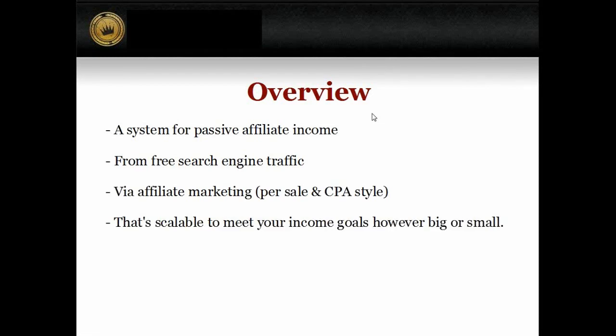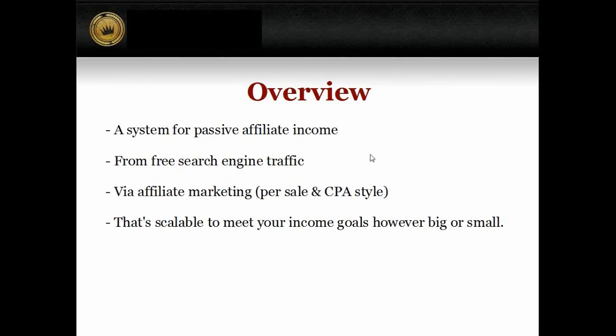We're going to detail a system that's scalable to meet your income goals, however big or small. This is the kind of thing that you can either use to make $500 or $1,000 a month extra with one or two little sites, or you can just as easily scale up to make right up to 5 figures a month of passive affiliate income. So that's the system. That's what we're going to be looking at.